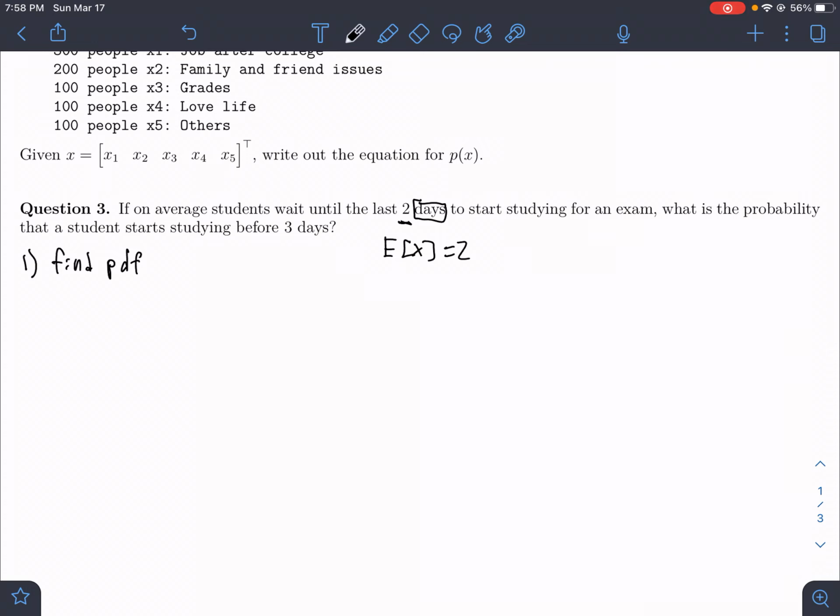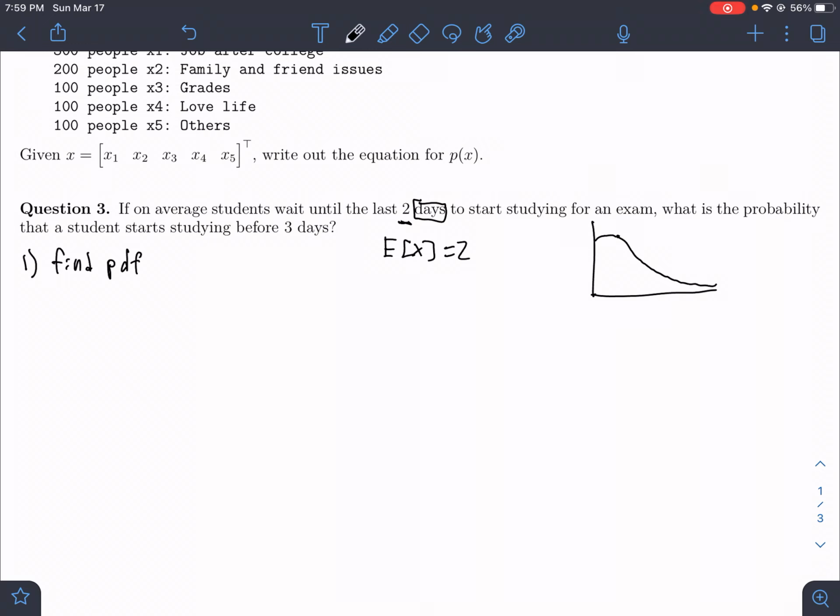So now we also see that the probability that a student starts studying before 3 days is what we're going for. If you imagine this as a graph, I think the graph would probably look like this: 2 is right here, this would be the average, so it's probably going to get exponentially less likely over time.